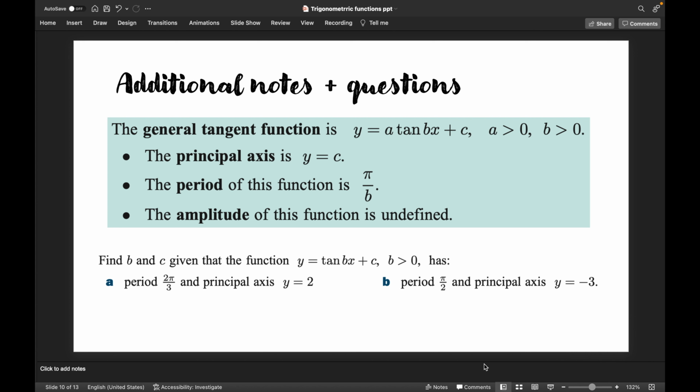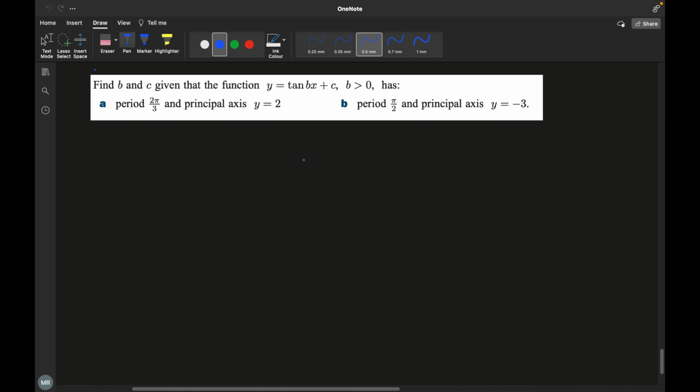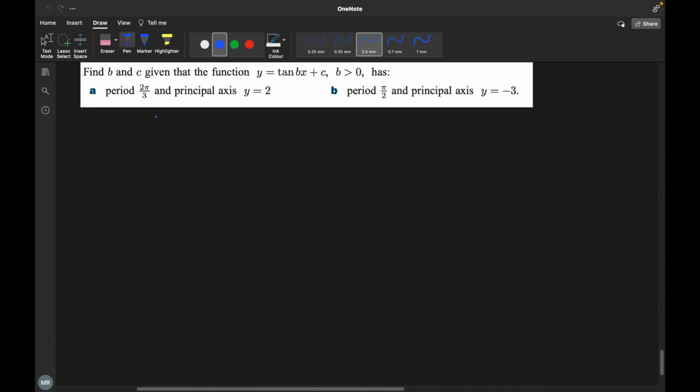Okay, now let me read the question. Find b and c given that the function y equals tan(bx plus c) has a period of 2 pi by 3 and a principal axis of 2. We know that the value of c is essentially the principal axis, which is y equals 2. So therefore, c is 2.